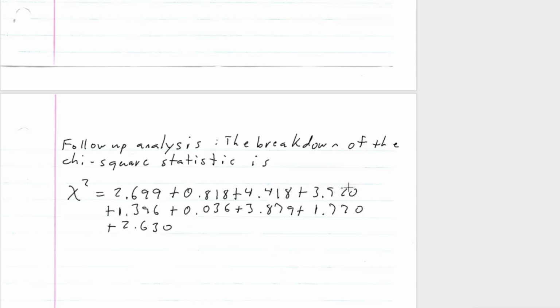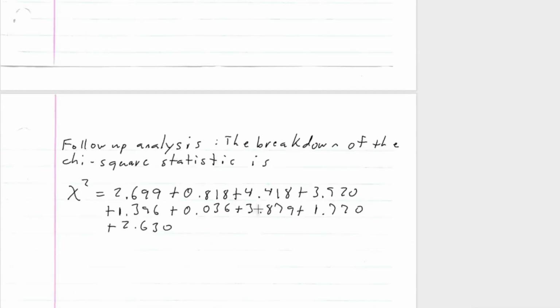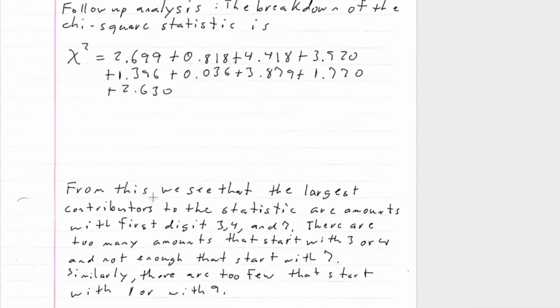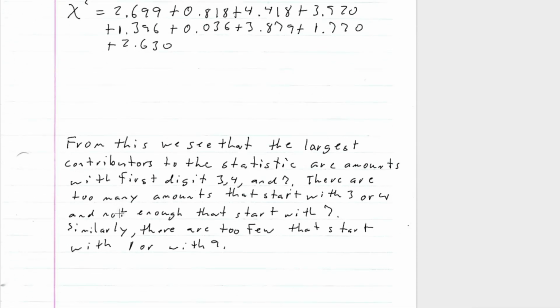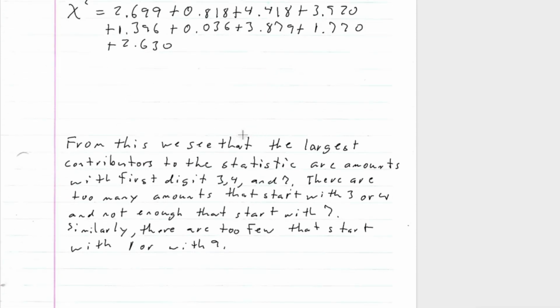And then the fourth digit is another one. This difference here gives us that 3.920. So from this, we can see that the largest contributors to the statistic are amounts with first digits 3, 4, and then I also saw 7, so you can see that 3.879. Those are big contributors. There are too many amounts that start with 3 and 4, and not enough that start with 7.